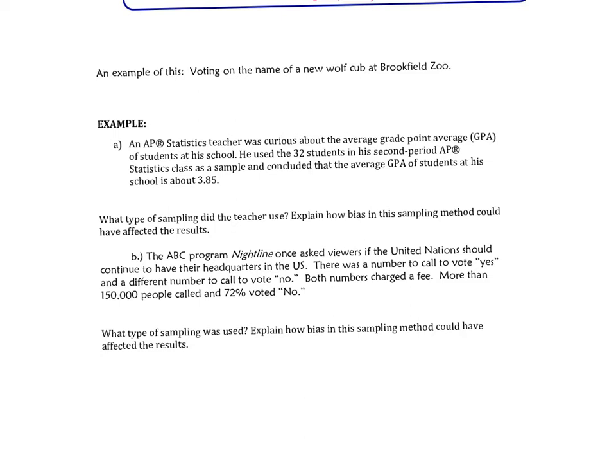So again, this is convenience sampling, and it would overestimate the average GPA. If he truly wants to know the average GPA of students at his school, asking a stats class is going to overestimate, because students in AP are usually better students, meaning they usually get better grades.